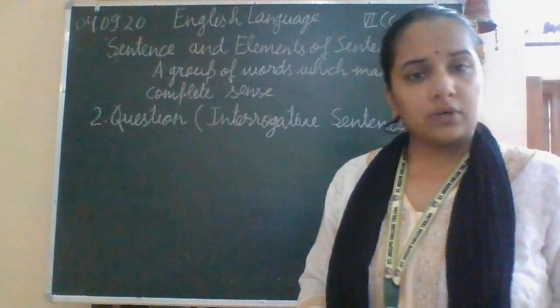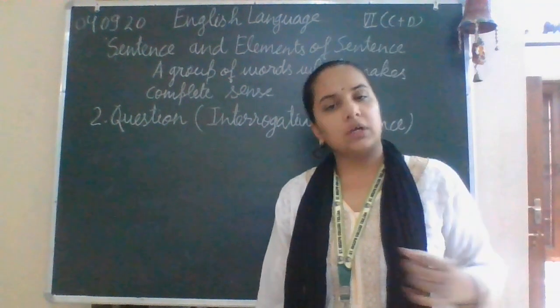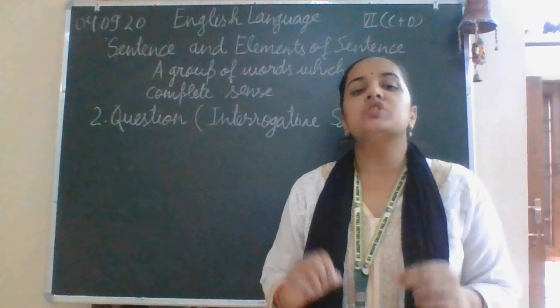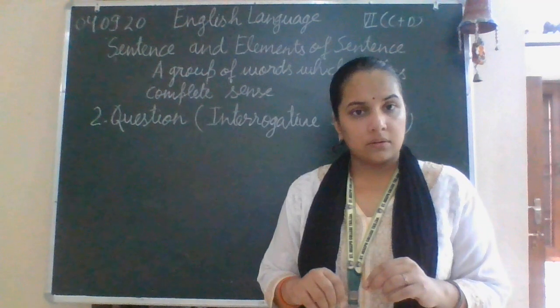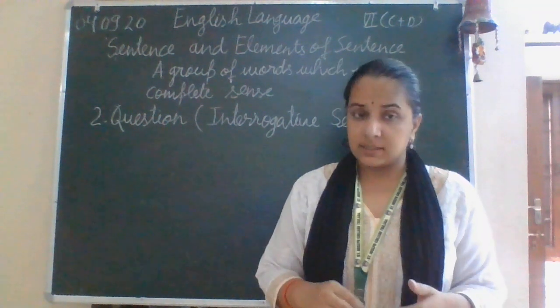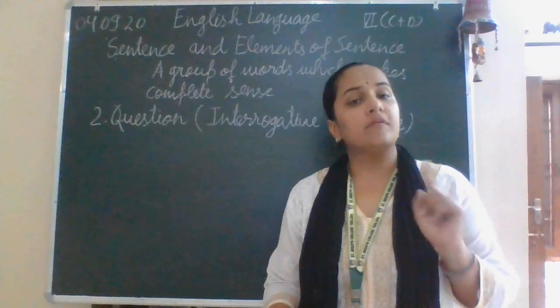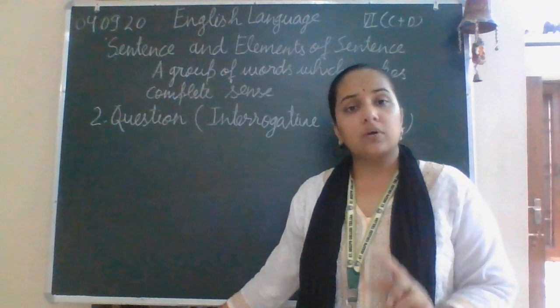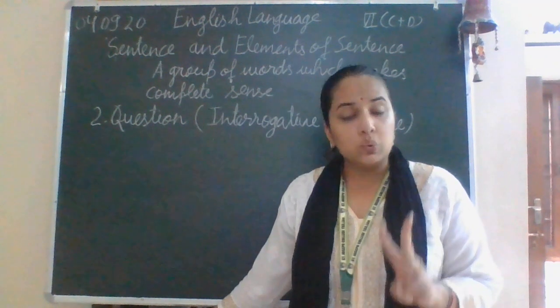What is an interrogative sentence? An interrogative sentence is the one in which a question is asked. It may start with a question word, it may not start with a question word, as we have discussed when we were discussing the tenses, that interrogative sentences are of two kinds.